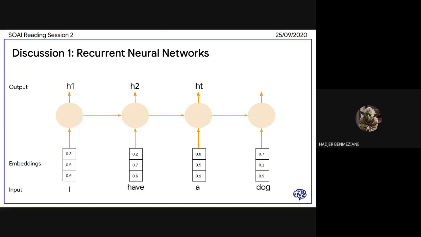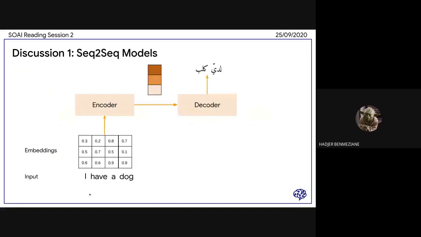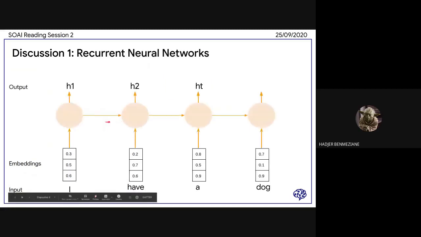So if you have a sentence and we want to translate it, we make a feed forward in an RNN layer. The basic idea of the recurrent neural network is that the node doesn't have only the input, but has the input and the previous output of the previous node.